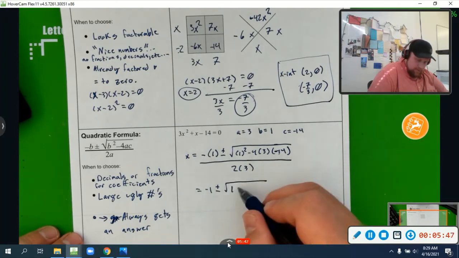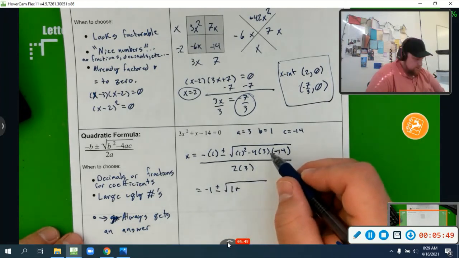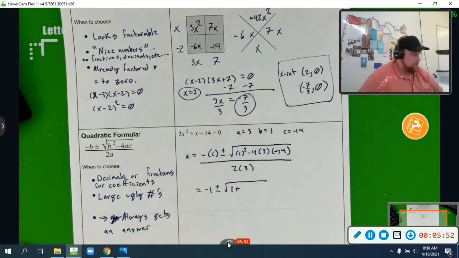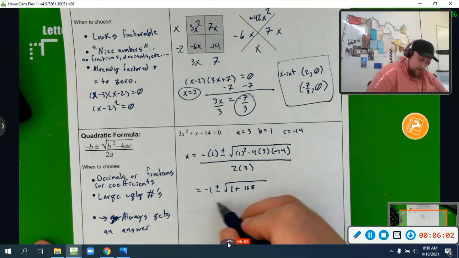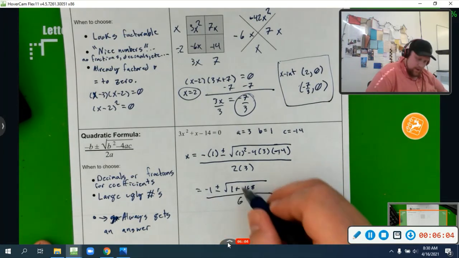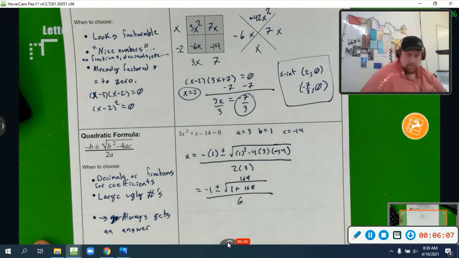That negative makes a plus. 4 times 3 is 12. What's 12 times 14? Doing a calculator on another screen. 168. Ooh, I bet I know this is going to be all over 6. This is 169, and I believe the square root of 169 is 13. Let's see if that's true.